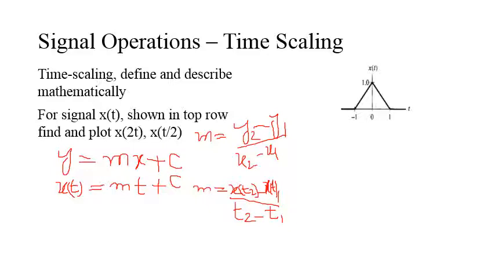So if you look at this part, that is -1 to 0, for example, this is your x of t2 and this will be x of t1. Here we call this value t1 and this value t2.